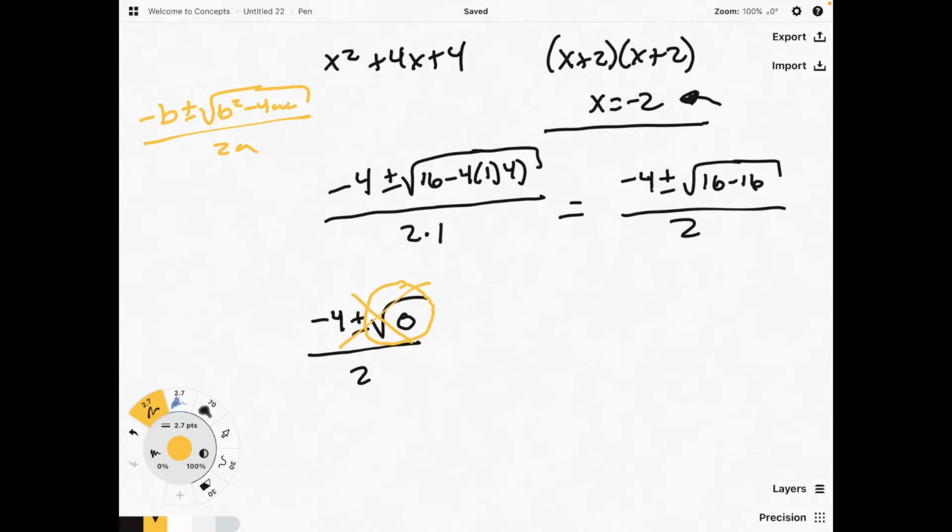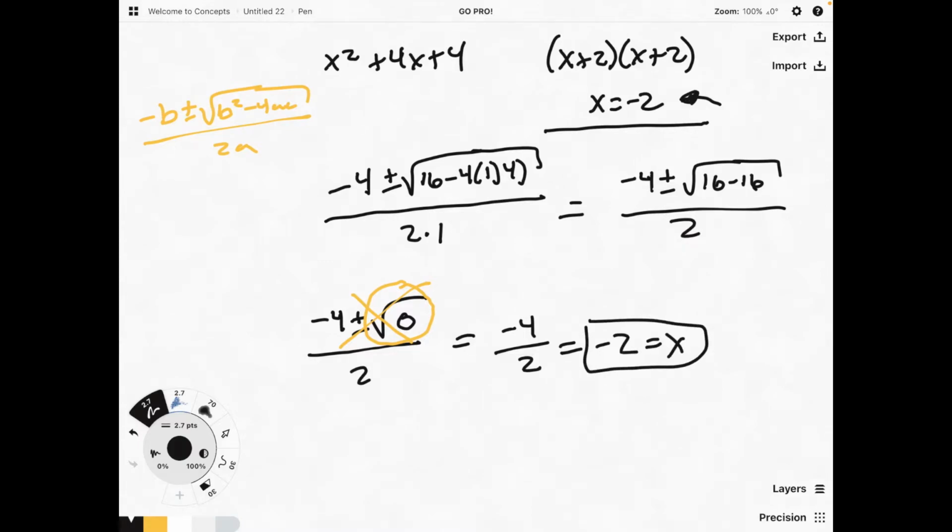If we add 0 to negative 4, we're going to get the same thing as if we subtract 0 from negative 4. So we can just not worry about this and simplify the problem down. We get negative 4 divided by 2, and this is equal to negative 2, which is equal to x. And that is exactly what we got when we factored.